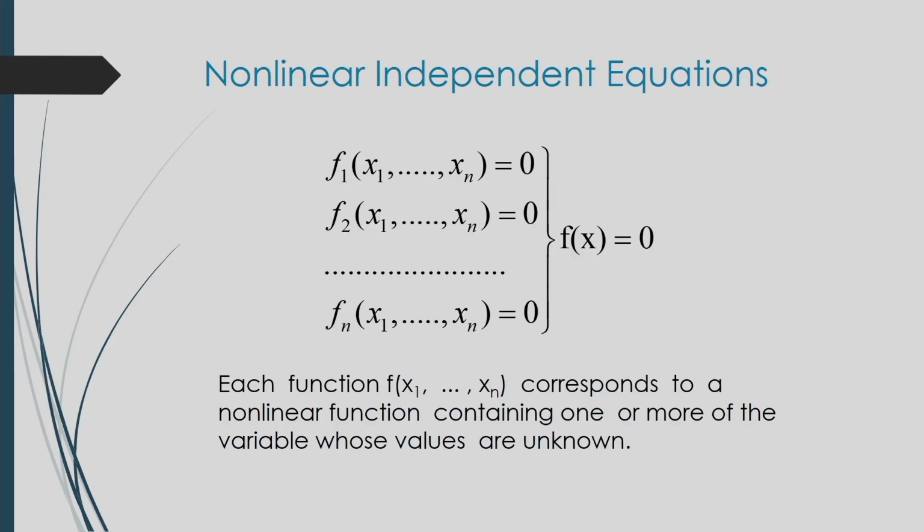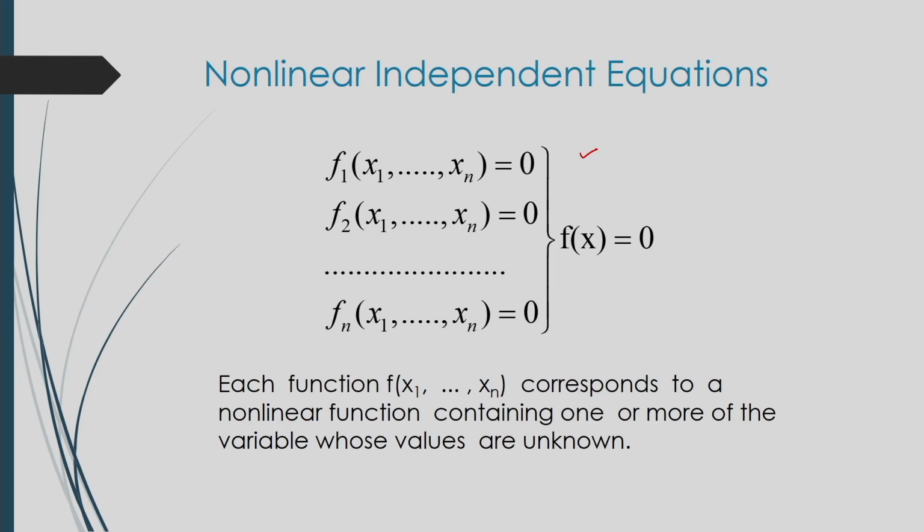There you will see a set of nonlinear equations like this, as shown in the slides: f1 of x1, dot dot dot, xn equals 0. This is one nonlinear equation as a function of the variables x1 to xn, and another equation, f2, is again a function of those independent variables x1 to xn.